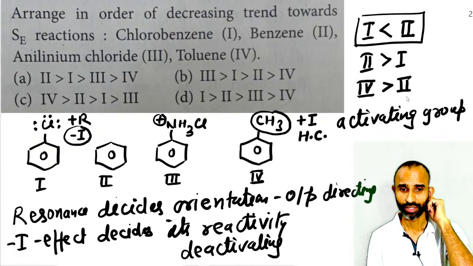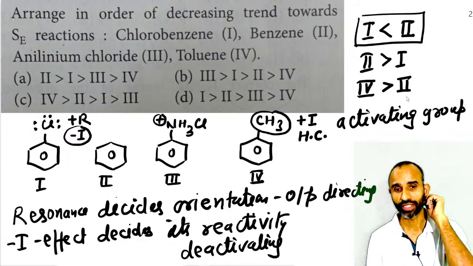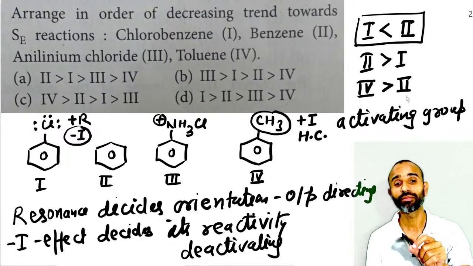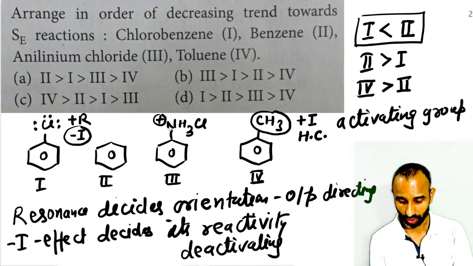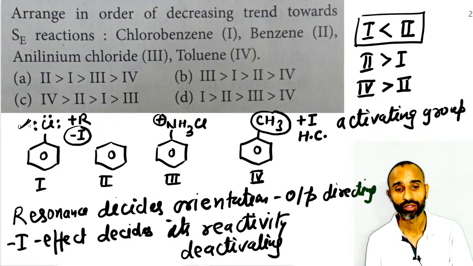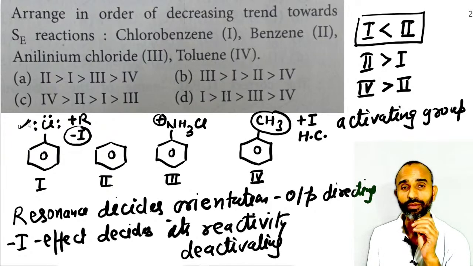Chlorobenzene, and then it is anilinium chloride, because here it is nitrogen, in this case it is chlorine.